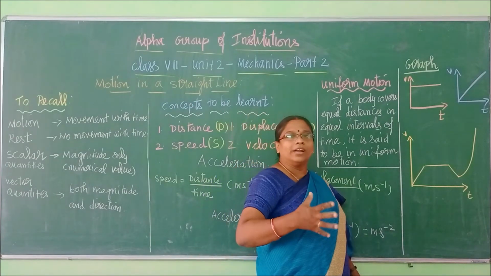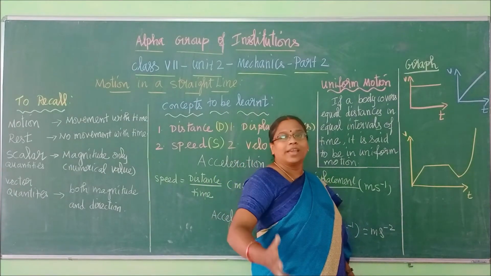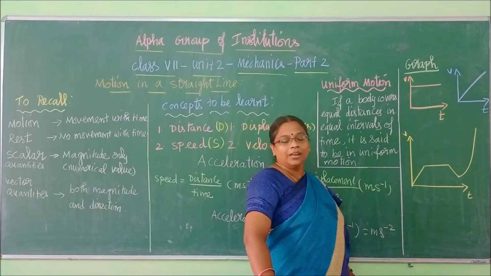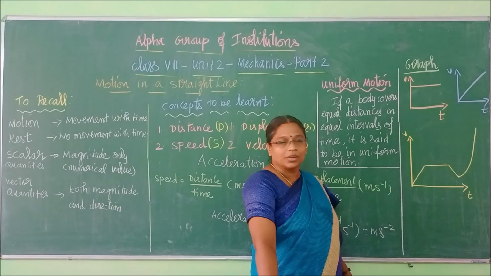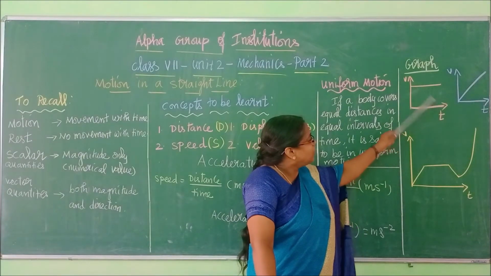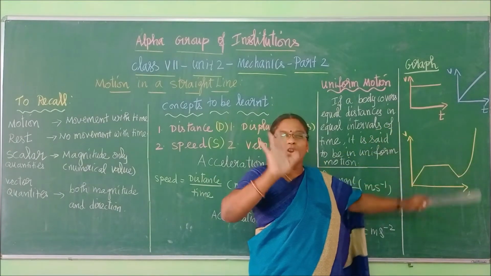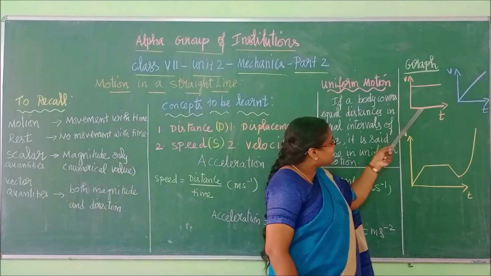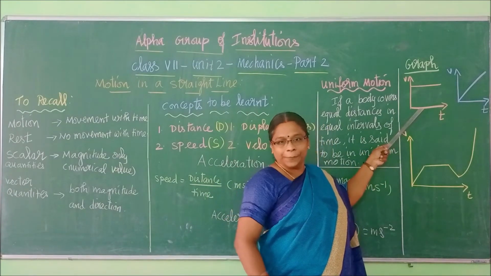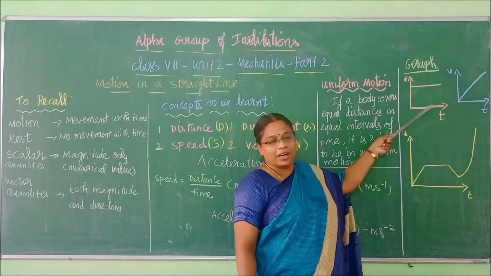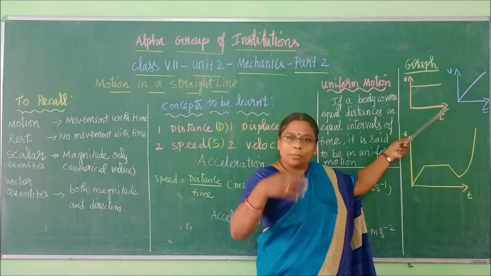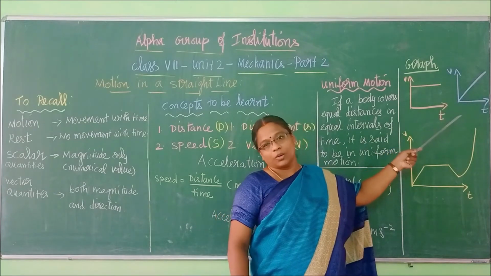Don't go and take your bike. Imagine that a person is traveling on a bike. Now you see here, you are going with one particular speed alone. In the first second you are going at 40, in the second also 40 km/h, in the third also 40 km/h.